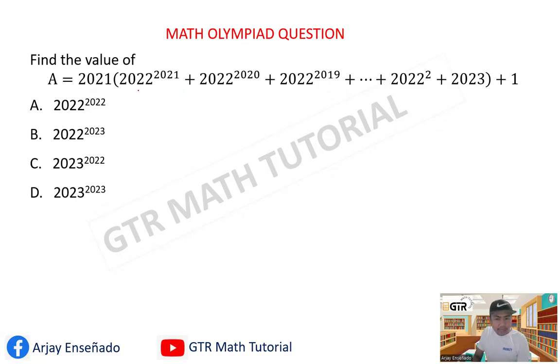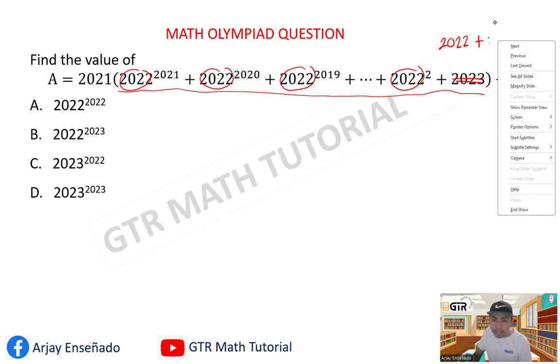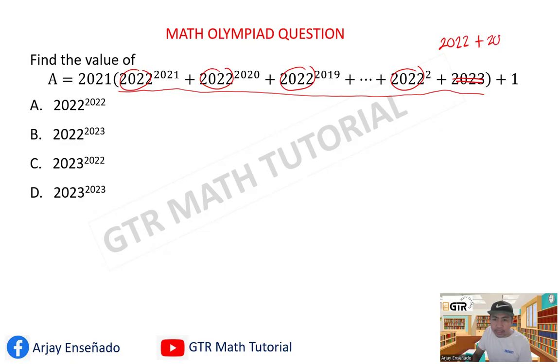As we can see in this part, all the bases are equal to 2022. For the last part, we have 2023. We can break this into 2022 plus 1, and then this one can be written as 2022 to the 0.